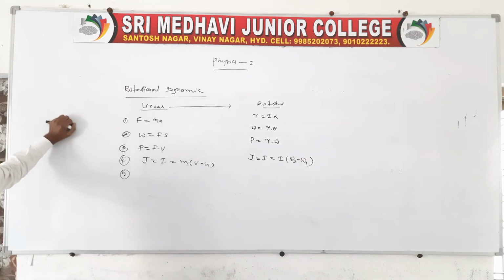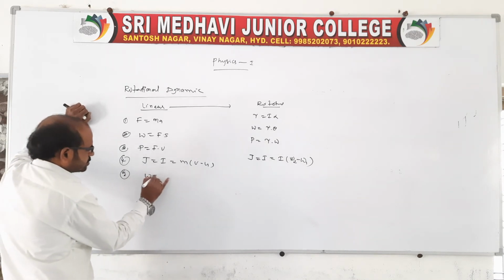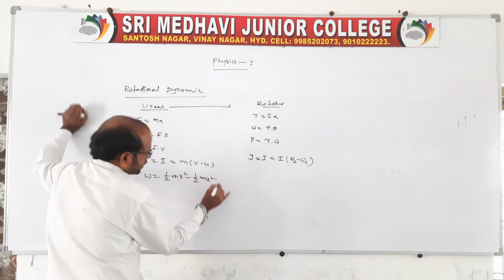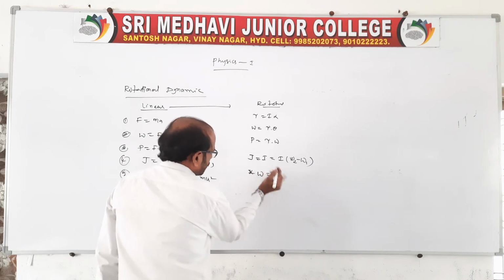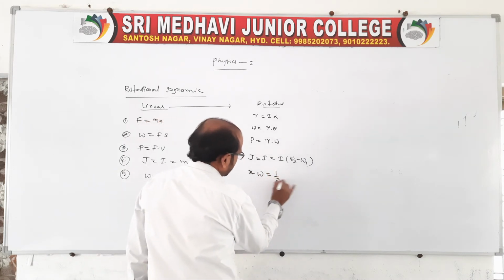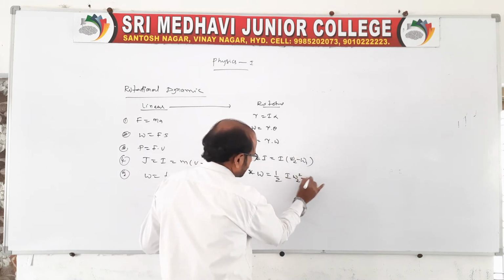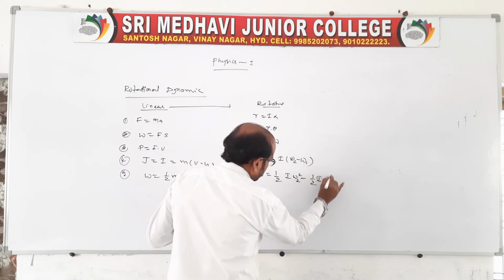Fifth one, you can say the work energy theorem. According to the work energy theorem, half mv square minus half mu square. Here work done is equal to, according to the work energy theorem, half m replaced with I, v replaced with omega 2 square, u with omega 1 square.